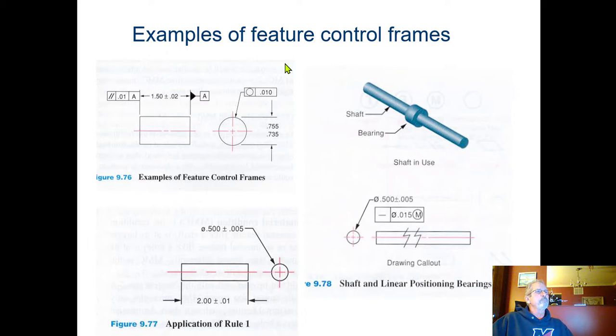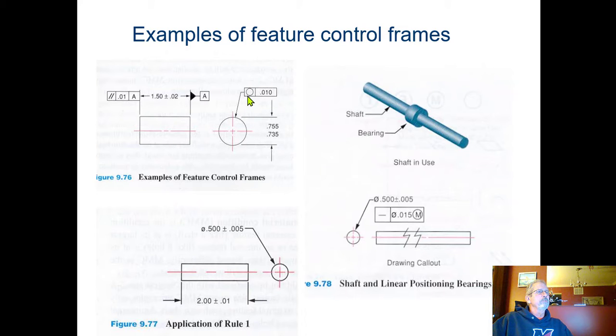All right, examples of feature controls. So here's an example of parallelism. Maybe the shaft is spinning around inside of something. And so if it is angled at all on this edge or angled at all on this edge, one of those edges is going to score the inside of whatever it is. So it may be very important that these two sides are extremely parallel to one another.